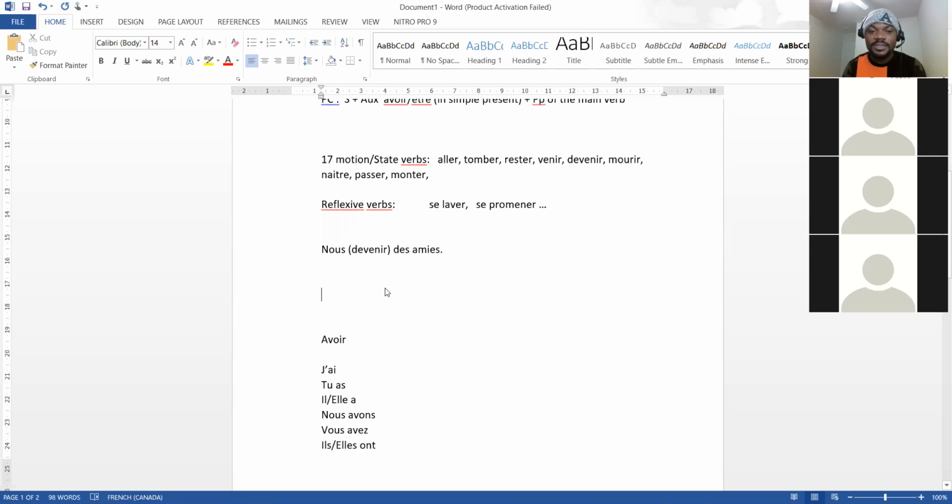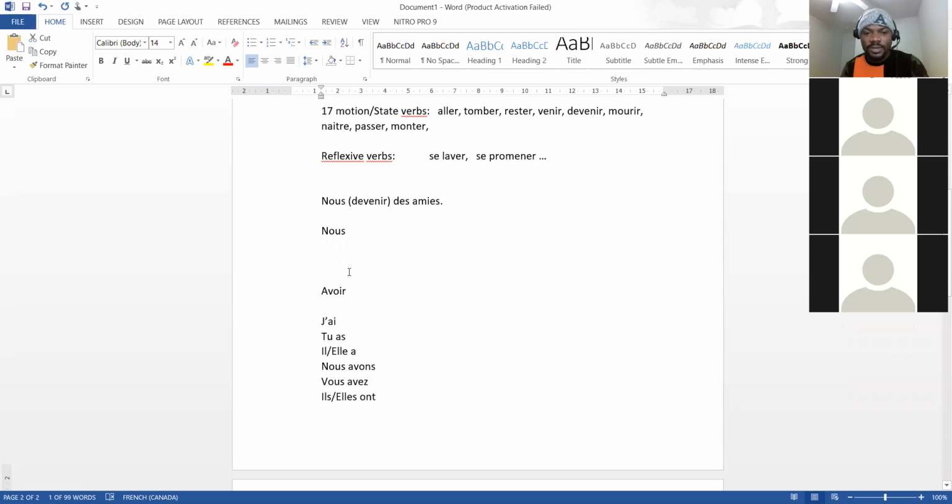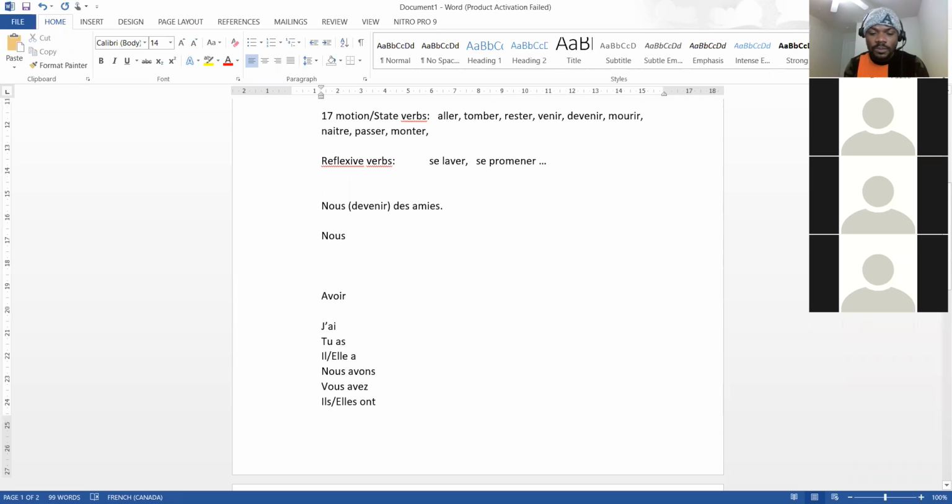Then let's see what our sentence is going to give us. Nous. Now, if you are going to use être, we need to use the auxiliary from être. So with nous, we have sommes. So certainly here is going to be nous sommes.